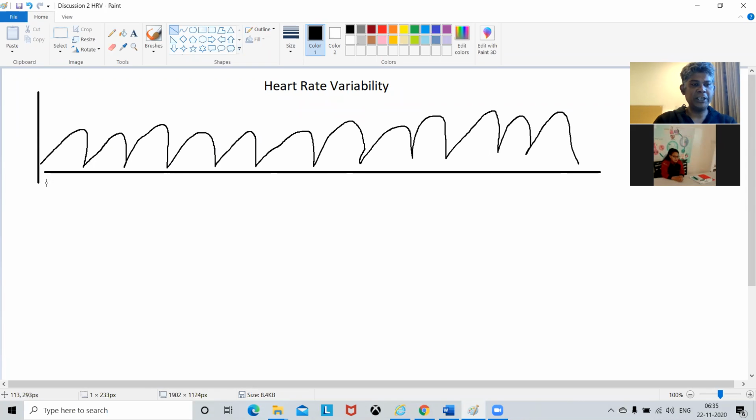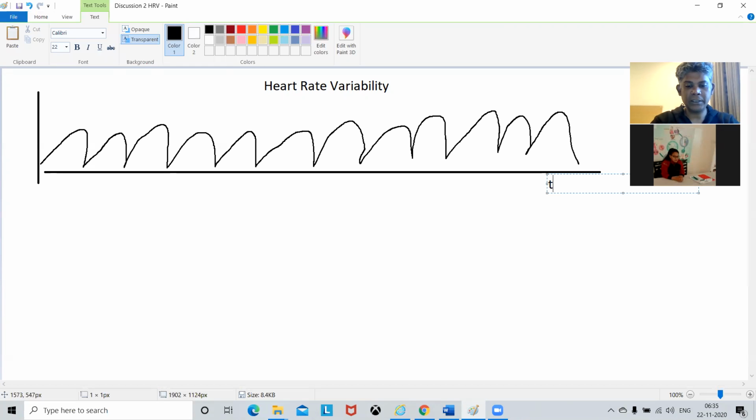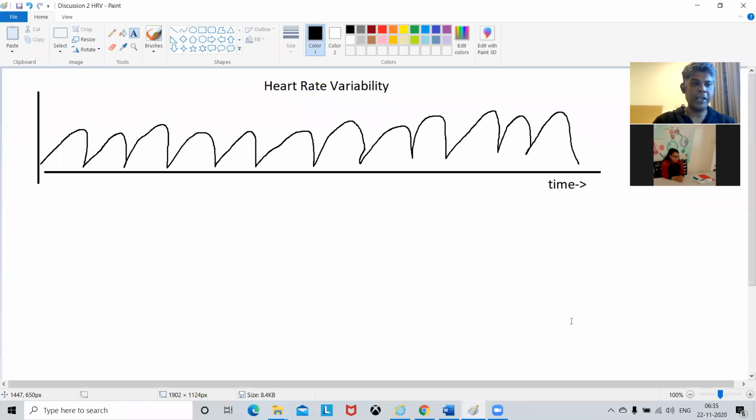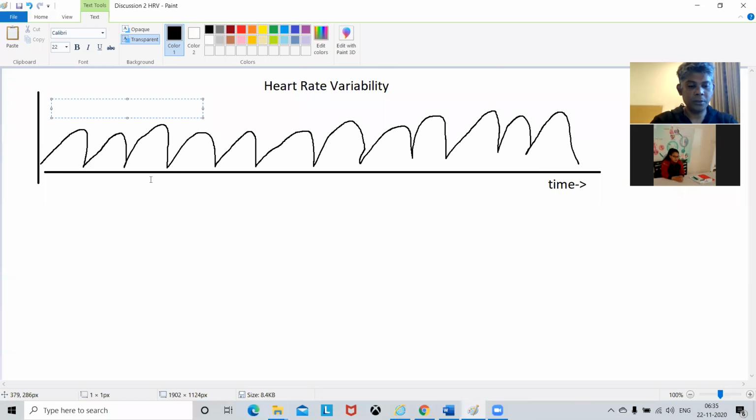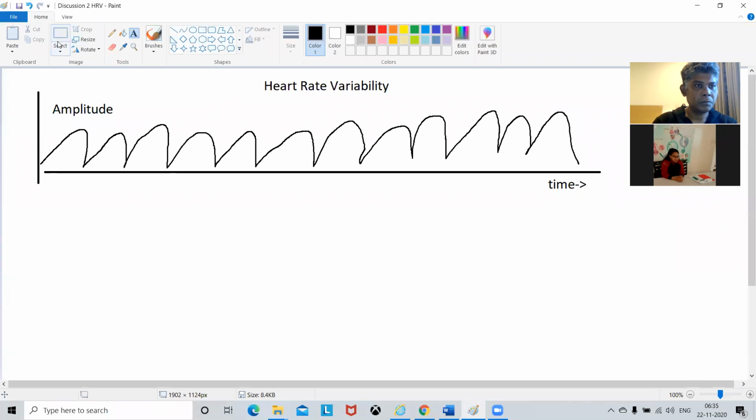The x-axis is obviously time, for 120 seconds, and the y-axis is obviously amplitude.